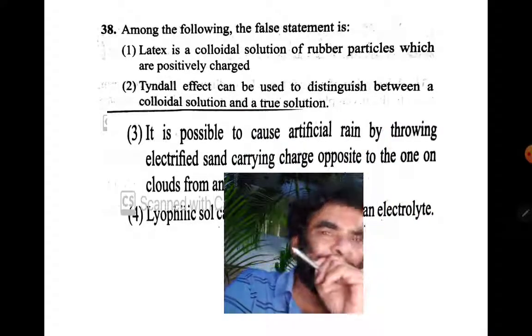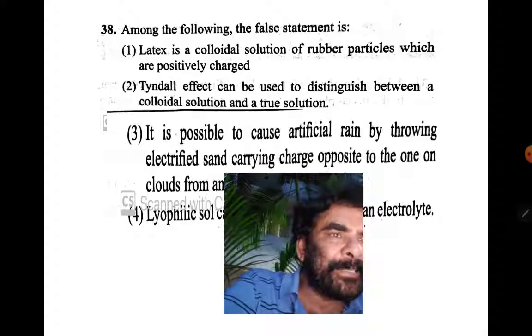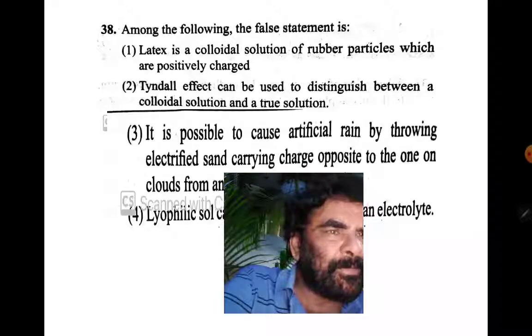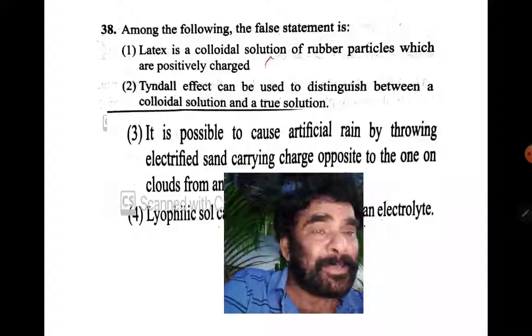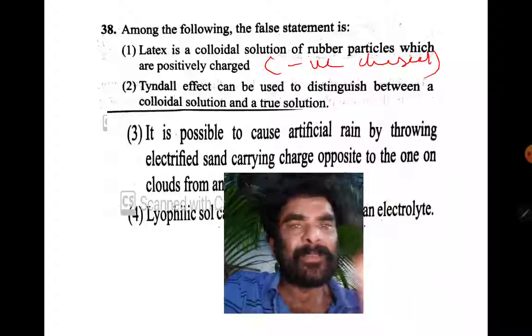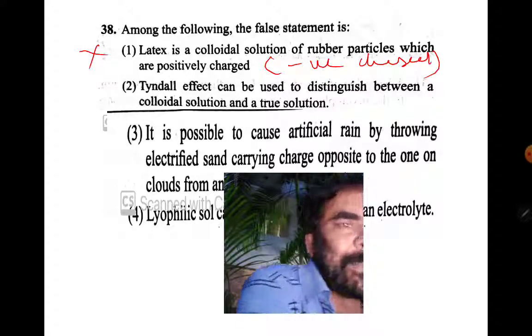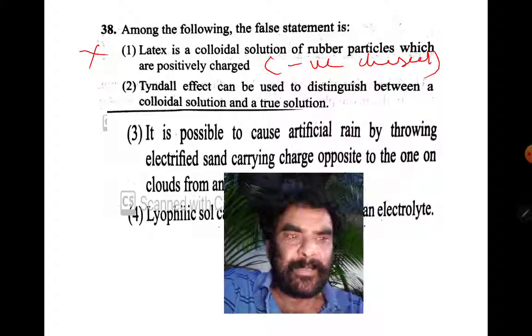Which is the false statement? Latex is a colloidal solution of rubber particles which are, say, negatively charged. So this is wrong, absolutely wrong. Only one statement is wrong.